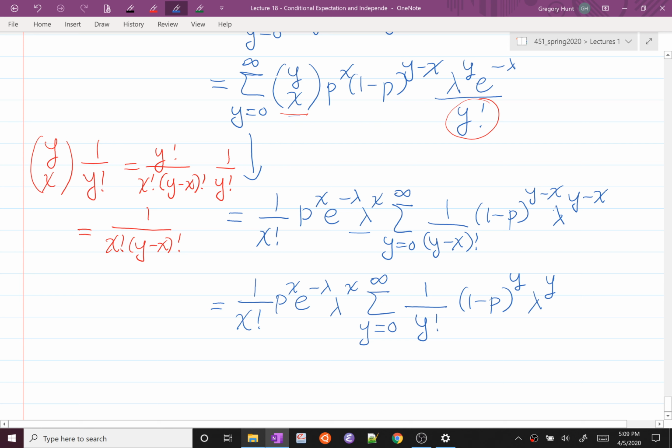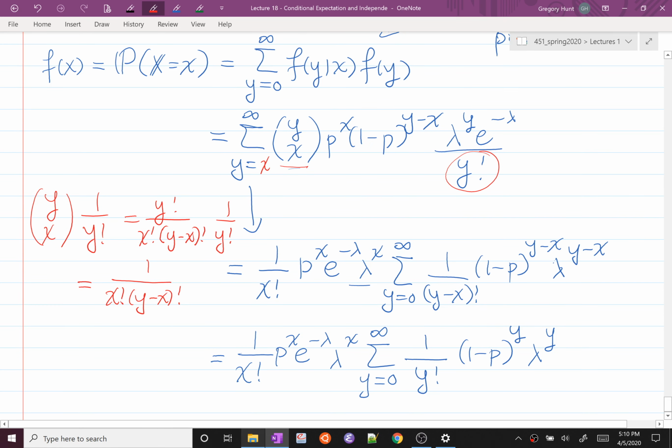Let's back up here. The reason we can do that is our original sum really should have started at x. Let's back up and change that.